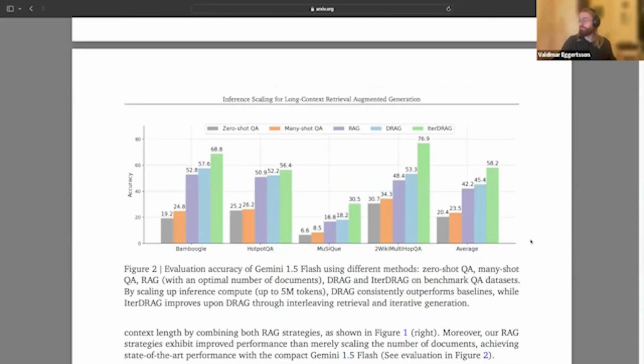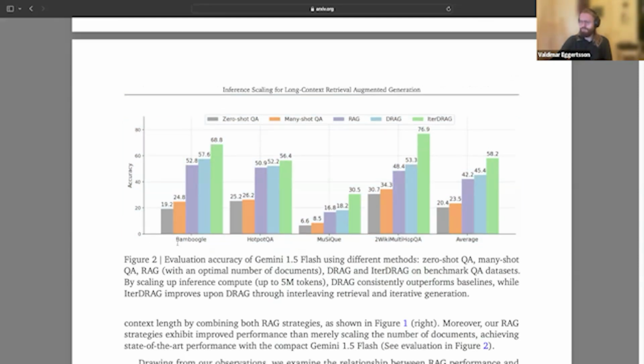You can see the graph here. I have these 5 different bars. It's a challenging set of question answering, where you can have zero shot and many shot question answering.